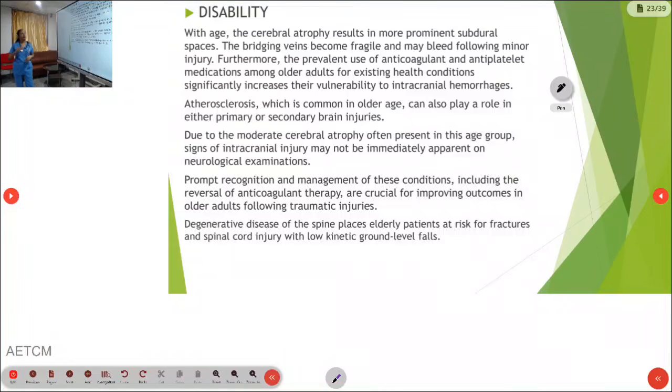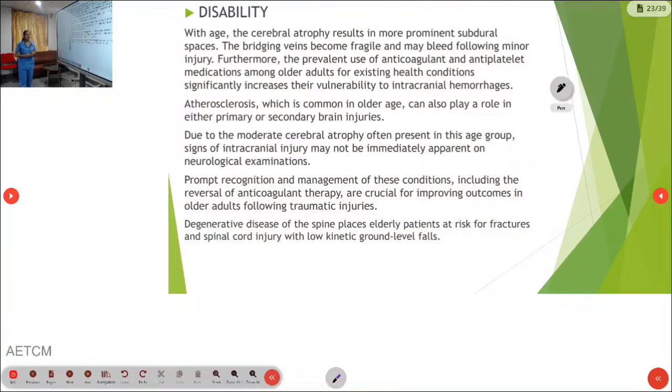So elderly people have increased vulnerability to traumatic brain injury, including intracranial bleeds, as atherosclerosis also plays a major role in primary and secondary brain injuries. Due to moderate cerebral atrophy in this age group, the signs of intracranial injuries may not be immediately apparent on neurological examination. Prompt recognition and management, including reversal of anticoagulant medication, will improve the outcome in elderly patients.